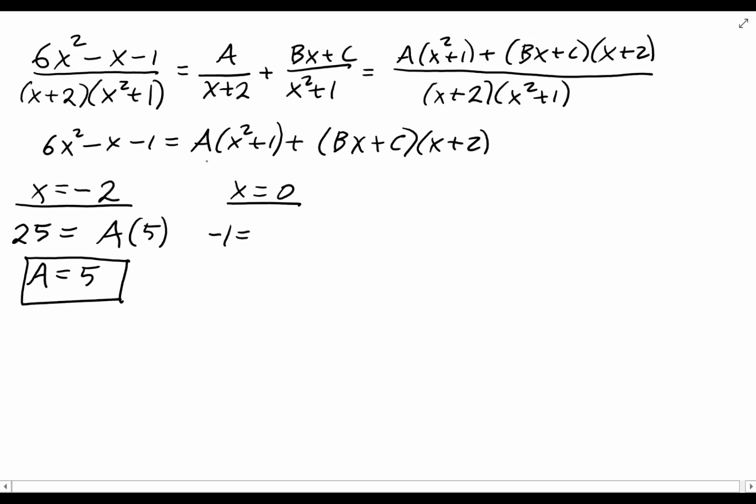And if I plug in a 0 on the right hand side, I get A plus C times 2. And we know A is 5. Then, let's see, subtract 5 from both sides and get negative 6 equals 2C. And divide by 2, and C is going to be a negative 3.